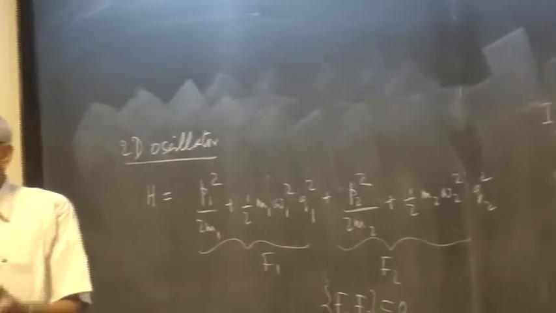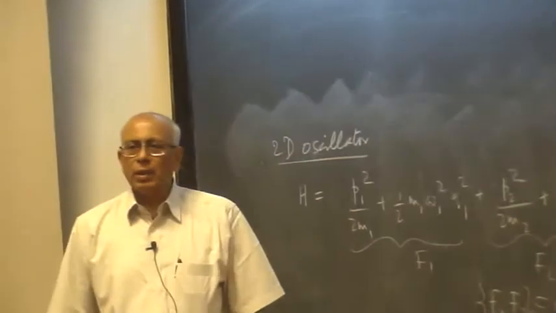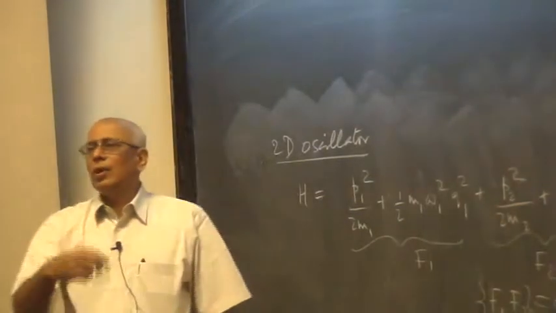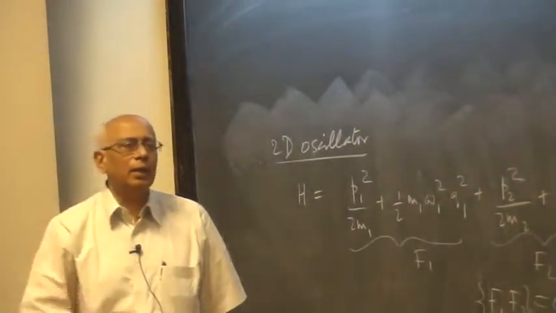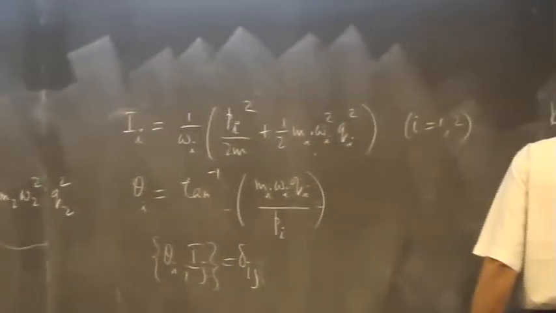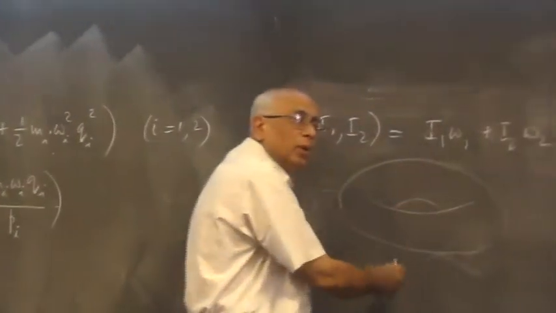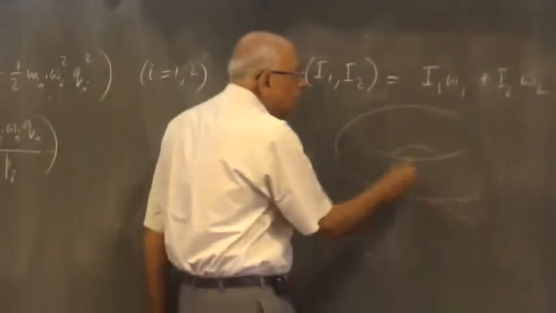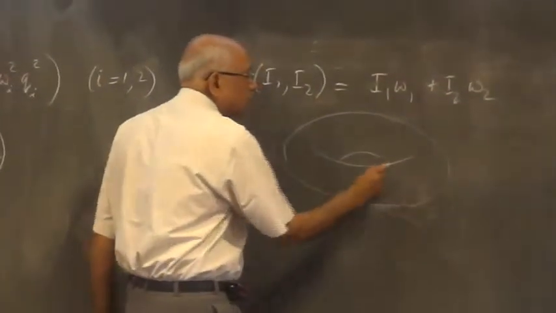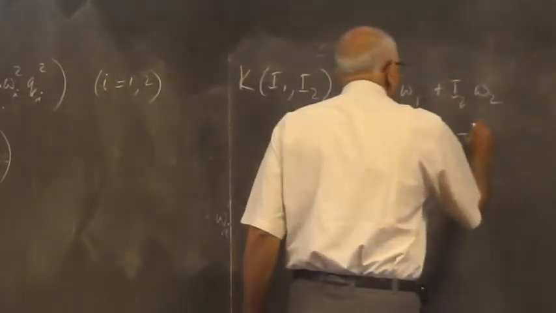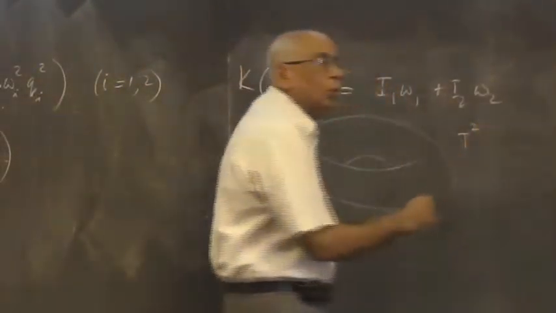Therefore, the space is a torus. Because in a torus, one angle would be of points on a circle. The second one, if you like, is orthogonal to it, and therefore the motion is on a torus. And this is how a torus emerges naturally for periodic motion. So let's say the angle in this direction with respect to some reference point is theta 1, and the angle in this cross-sectional direction is theta 2. So the motion has got reduced to T2, the two-torus.